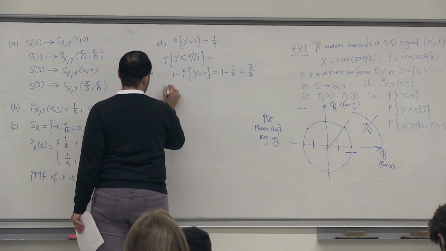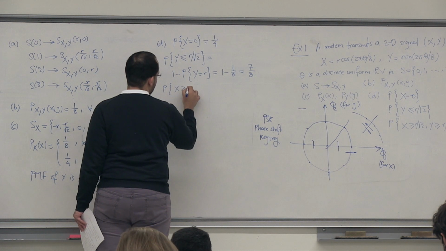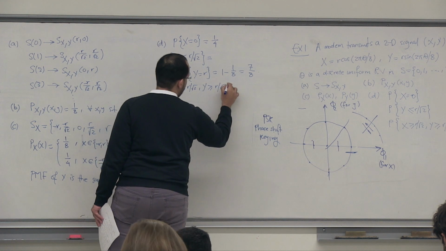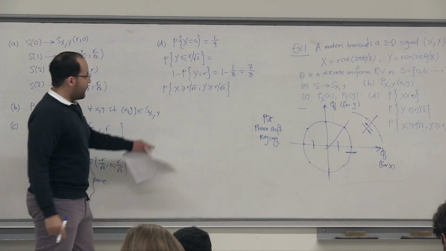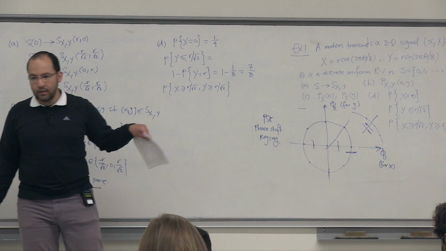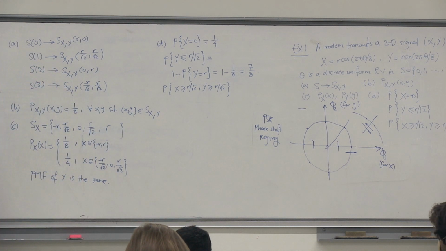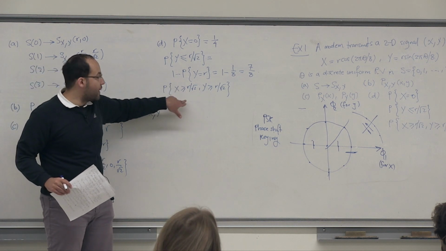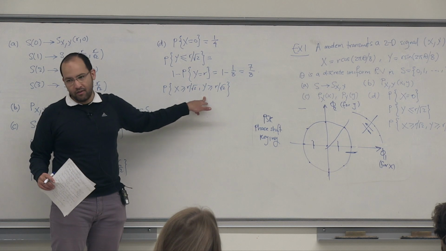And the last one was the probability that X greater than or equal to R over square root 2 and Y greater than or equal to R over square root 2. How many points represent this situation? Only one, right? Because whenever you increase X to become R, you will never have Y greater than 0.